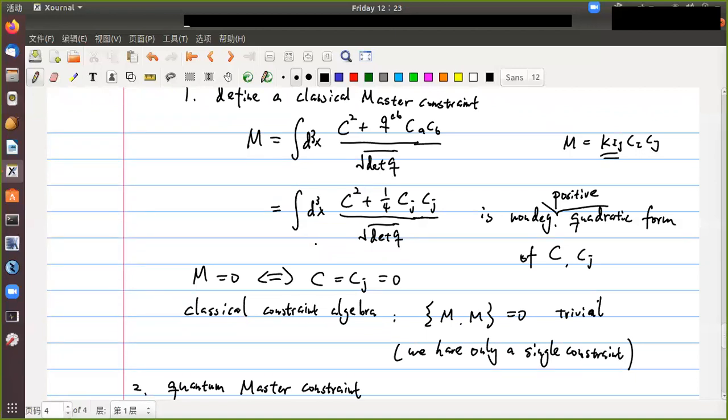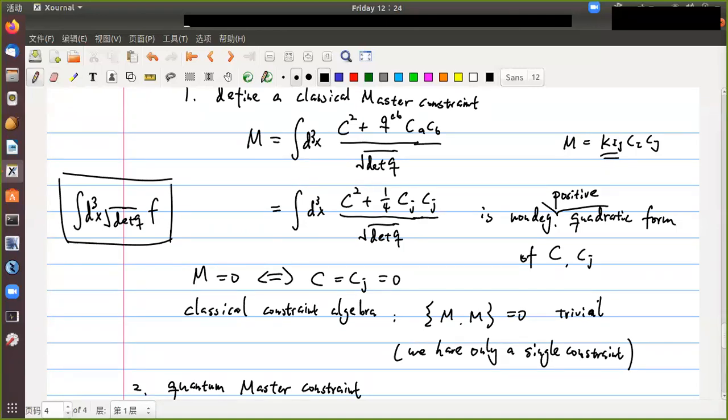It is a coordinate independent quantity. Because for any integral, when we learn integration, this kind of integration is independent of coordinates, right? This kind of quantity is a coordinate independent integral.